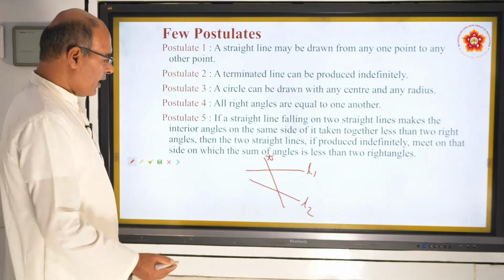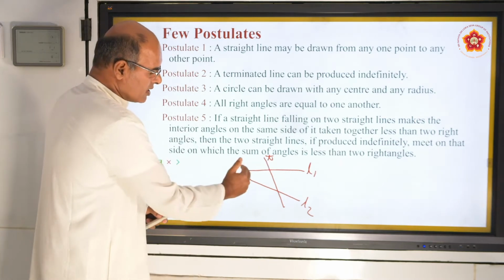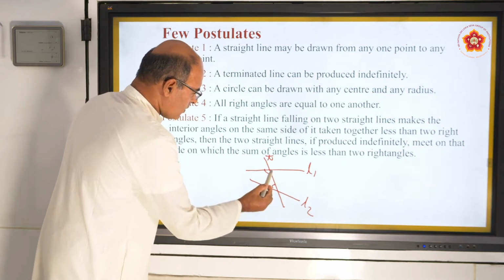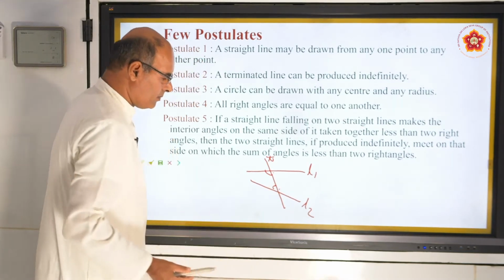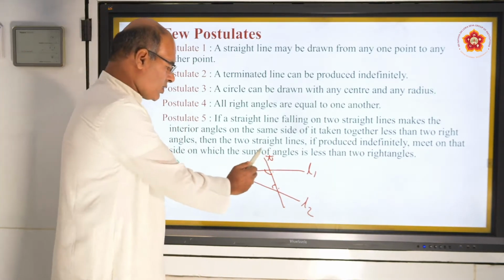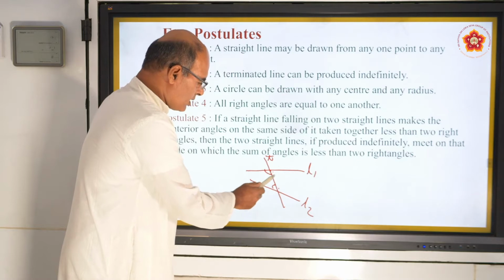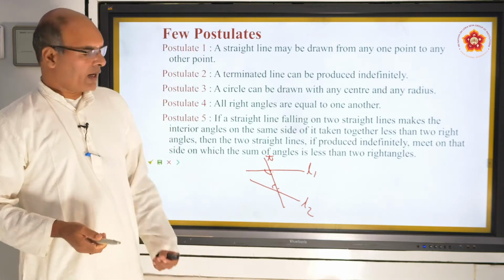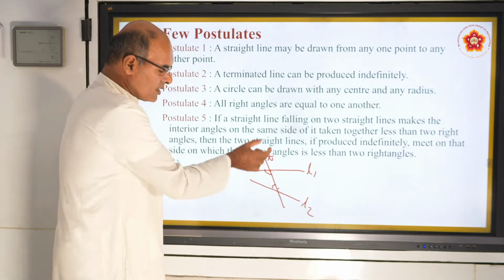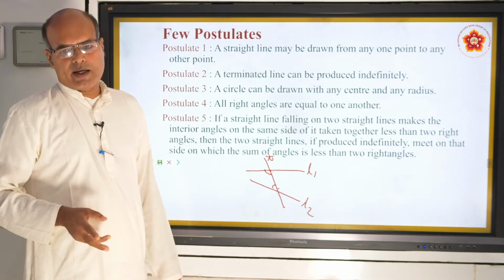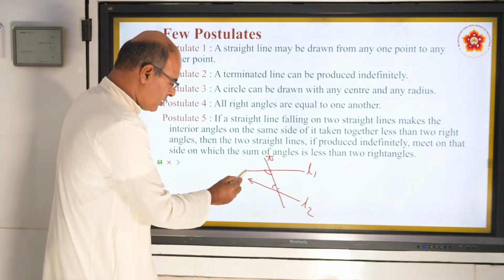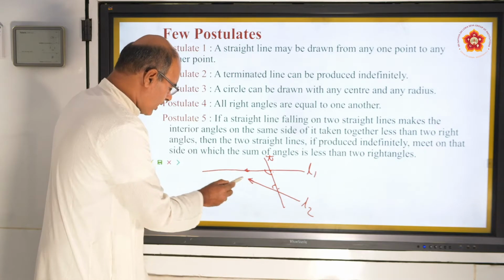It says that if the interior angles on the same side of this line, these four are the interior angles, this and this are a pair of interior angles on the same side of the transversal, and these are another pair. If the sum of these two angles is less than 180 degrees, less than two right angles, then these lines will meet when we produce them infinitely.